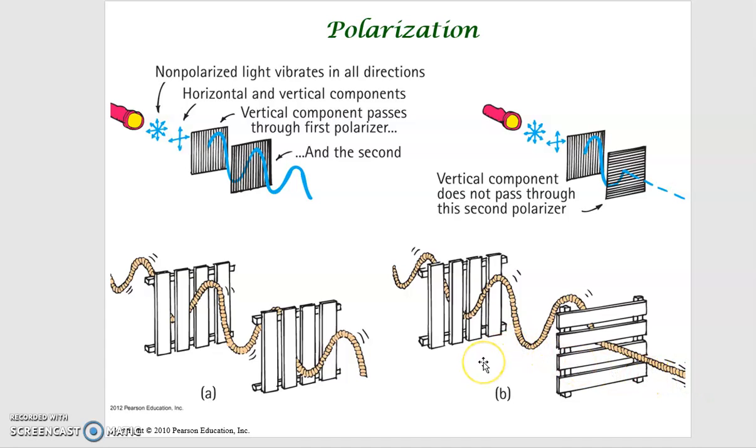So here is a very important message: if you put two adjacent polarizers whose directions are perpendicular to each other, then no matter how big the original intensity is, the intensity of the transmitted wave will become simply 0, because there is no way for the vertical component to pass through the horizontal gap or polarizer.